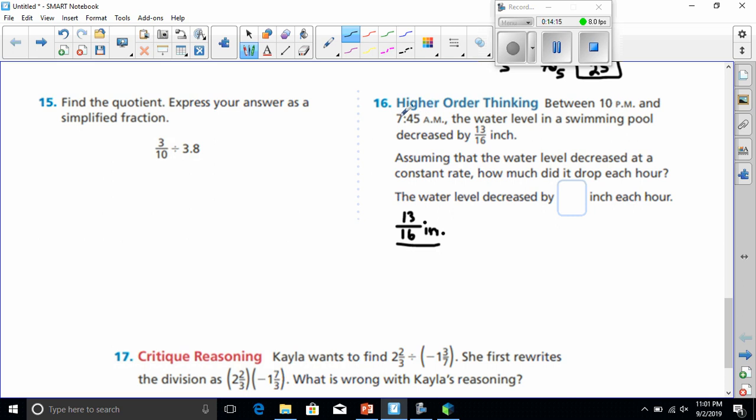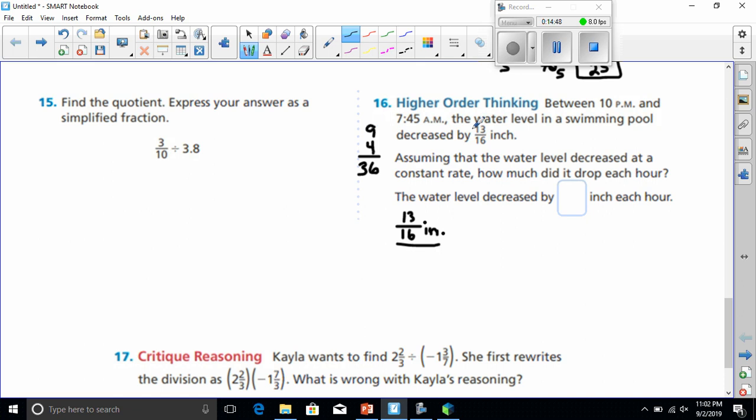So first, let's see how many hours there are. From 10 to 7, well, 10 goes to 11, 12, right, to 12 o'clock, and then 7 more hours, that'll make 9 hours. We have to take 9 times 4, because we're talking about quarter hours, so we have to multiply that by 4. That's going to give us 36. So in other words, in 9 hours there are 36 increments of 15 minutes.